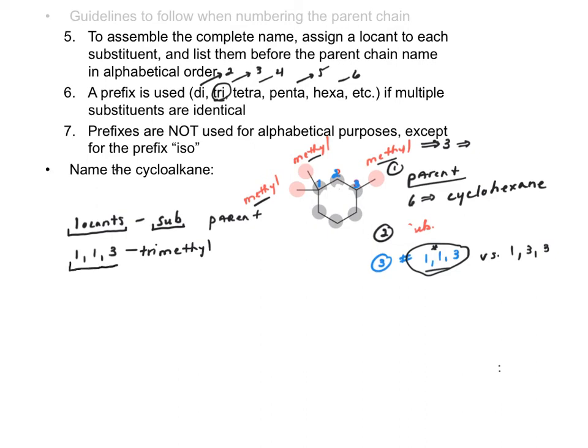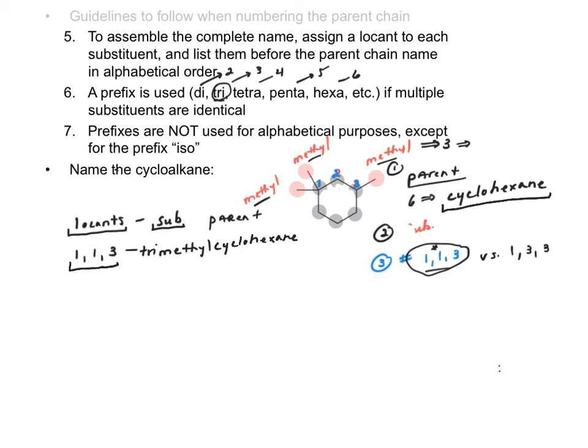I have listed where they're at. So now I'm going to follow that with the parent. And so our parent here is cyclohexane. There is no dash here. There is no space. Those substituents are just going to move into the parent. And so this is 1,1,3-trimethylcyclohexane. Okay, so that's kind of taking everything, putting it together.